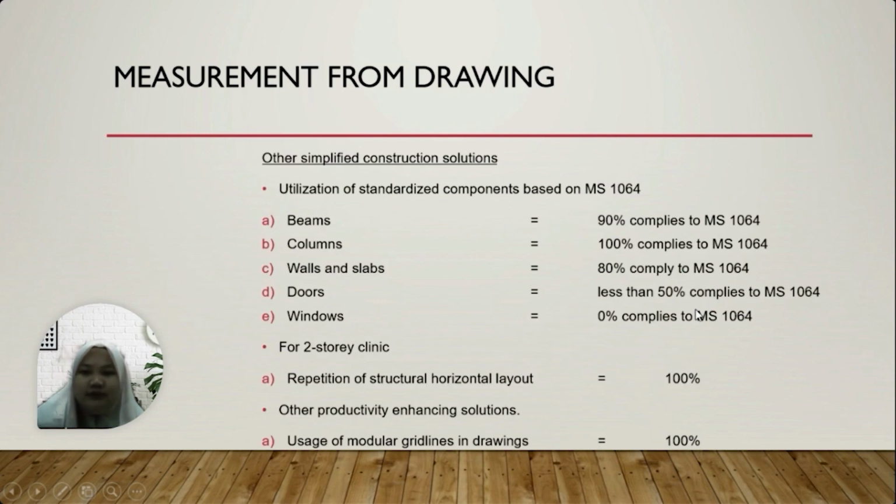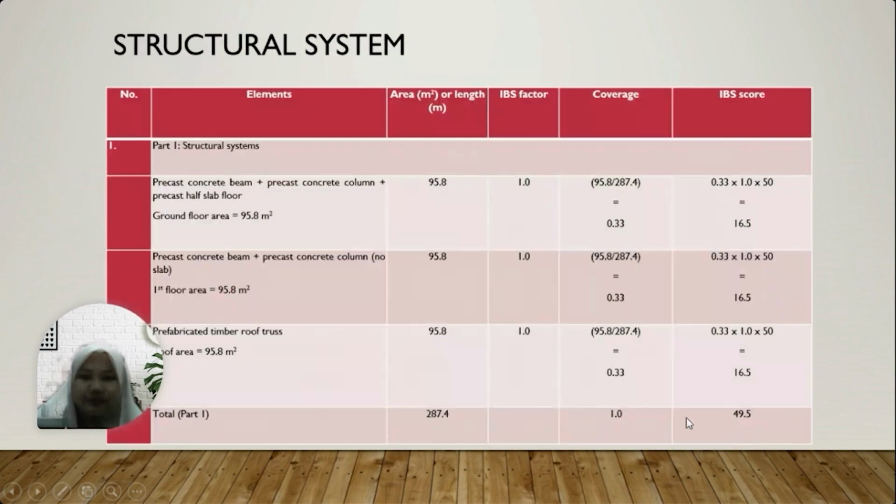Next, other simplified construction solutions that comply with standardized components based on MS1064: beams 90% and columns 100%; walls and slab 80%; doors and windows less than 50%. For the two-story clinic, the rotation of structural horizontal layout is 100%, and the other productivity enhancing solution we use is modular grid drawing, which is 100%.